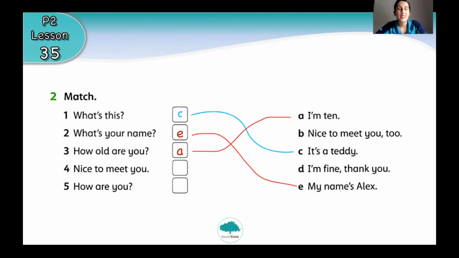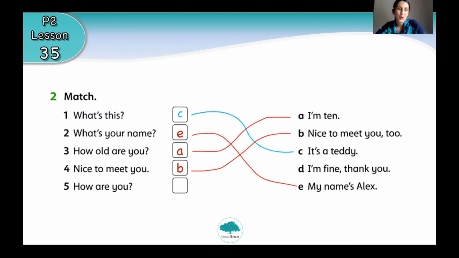Let's read sentence number 4. Nice to meet you. So the answer will be nice to meet you too. Okay, if you want to be polite, you have to say nice to meet you too. So write letter B in the box.